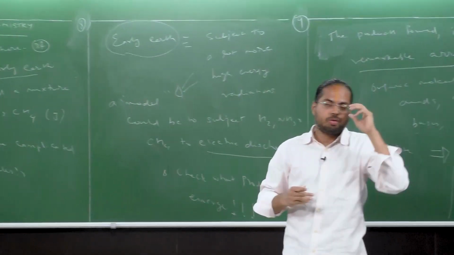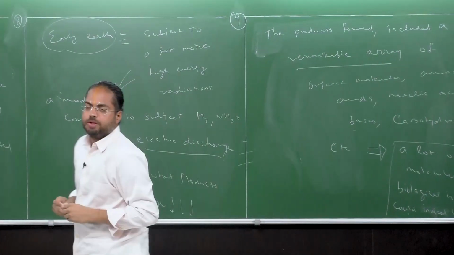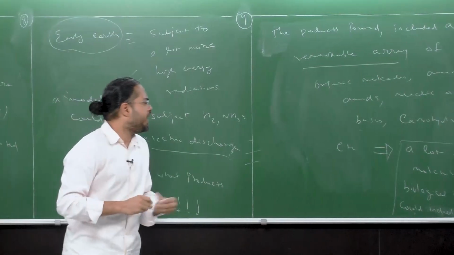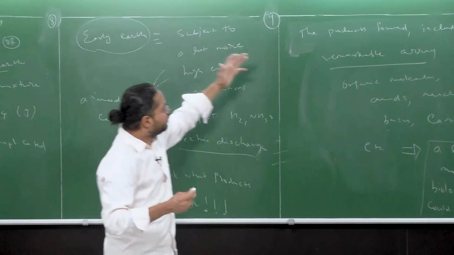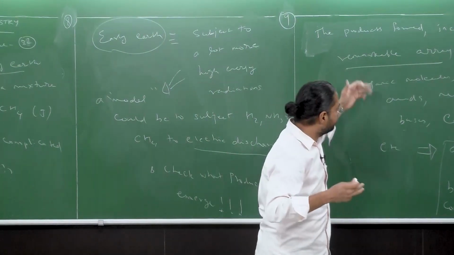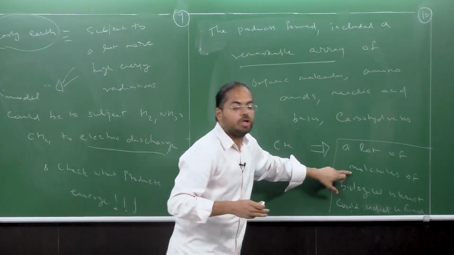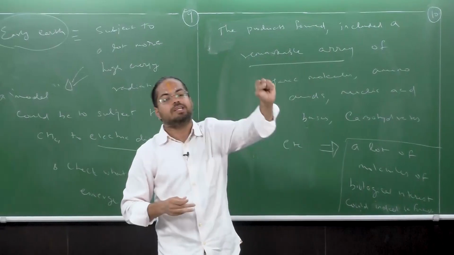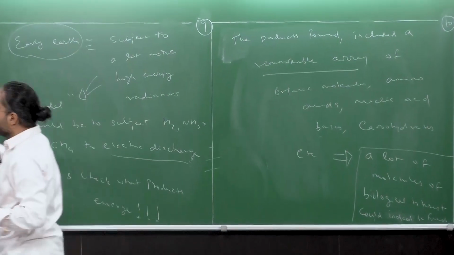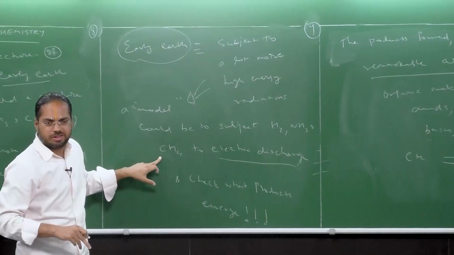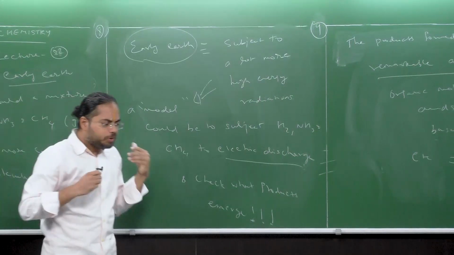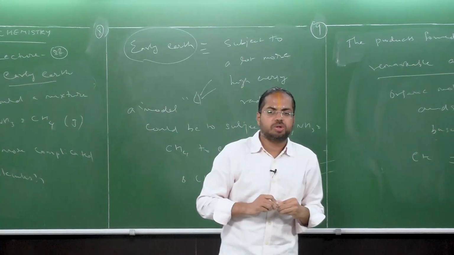So they were also postulated, but by and large, this was the first exhibition of the idea that a lot of molecules of biological interest could be generated from very simple molecules if you subject them to electric discharge.